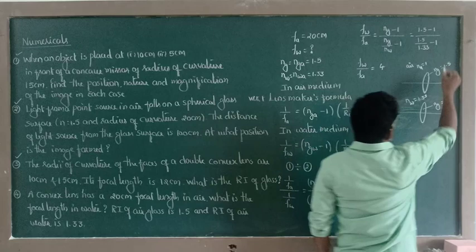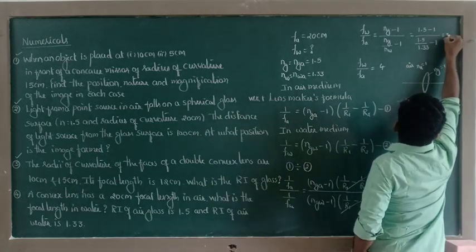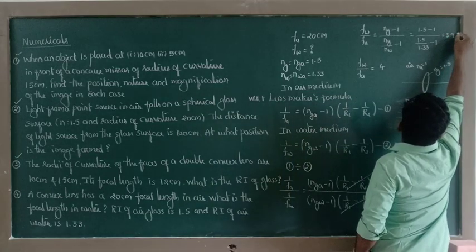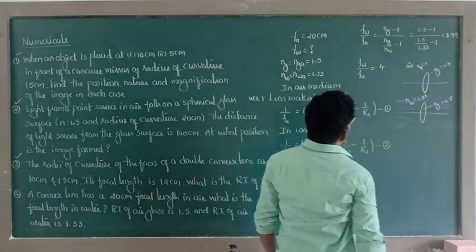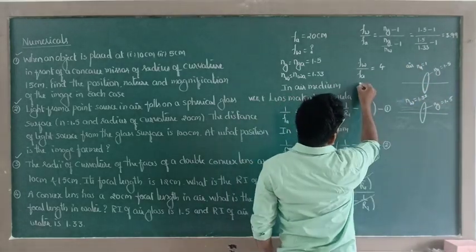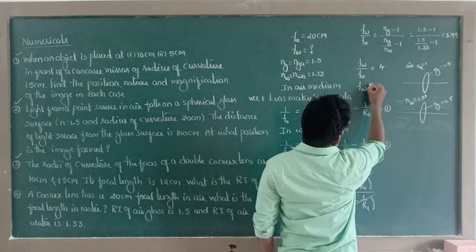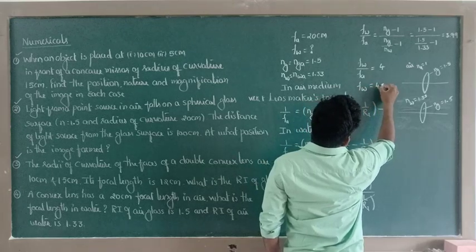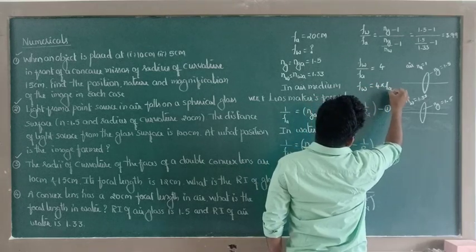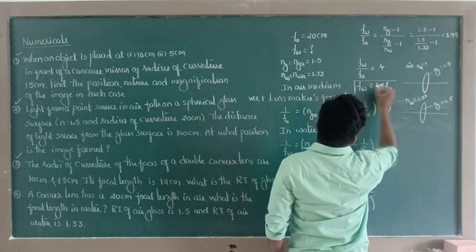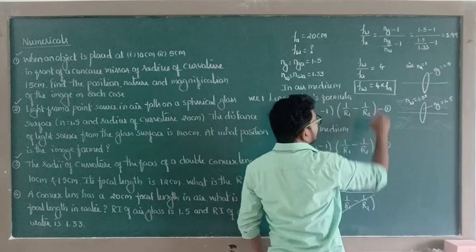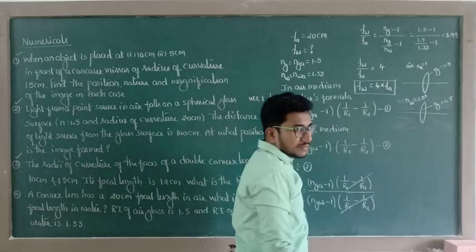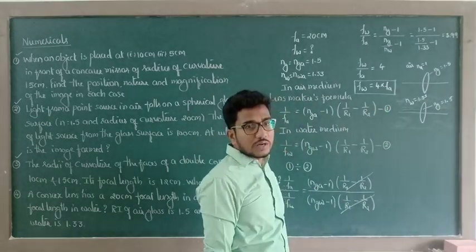So 3.99 is nearly equal to 4. Therefore, focal length of lens in water is equal to 4 into focal length of the lens in air. That means focal length is increased by 4 times when the lens is immersed in water.